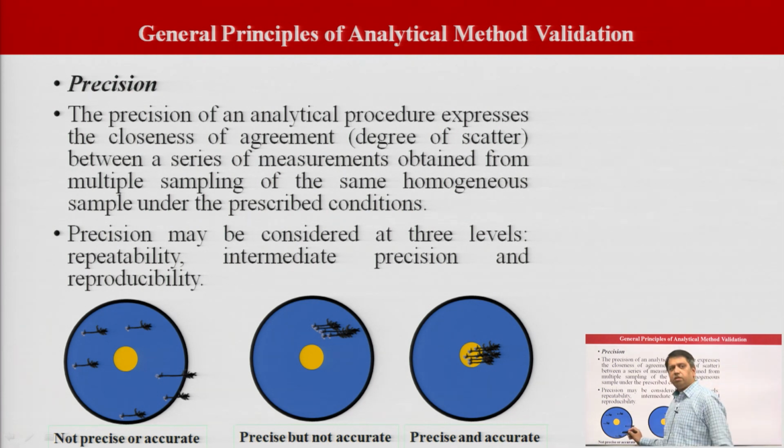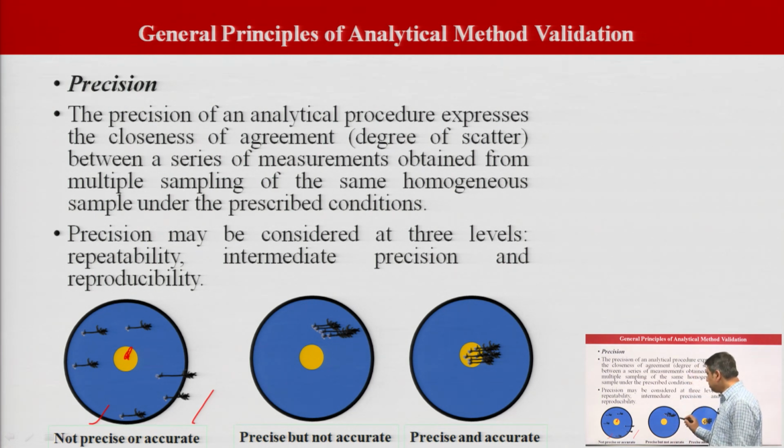Here you can see all the arrows miss the target, this is the target, and all the arrows hit the shield in a scattered way, and that is why these are not precise, because all the readings are scattered. So, these are neither precise nor accurate, because they have all missed the target.